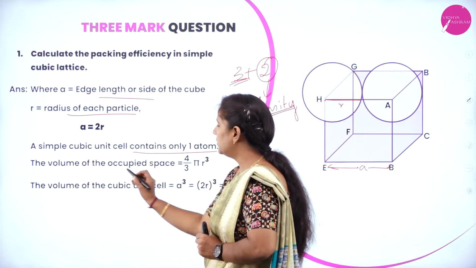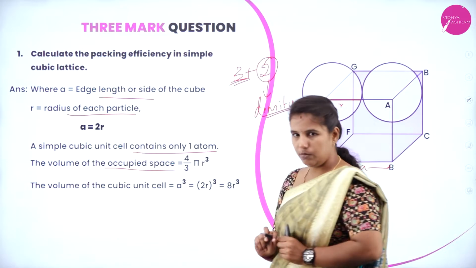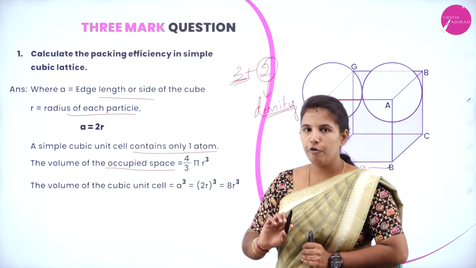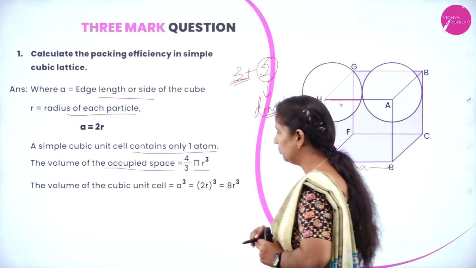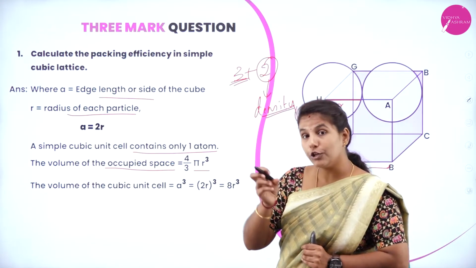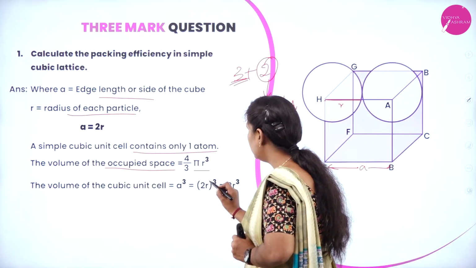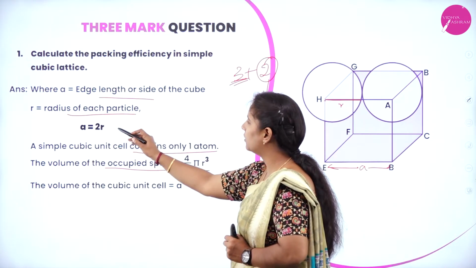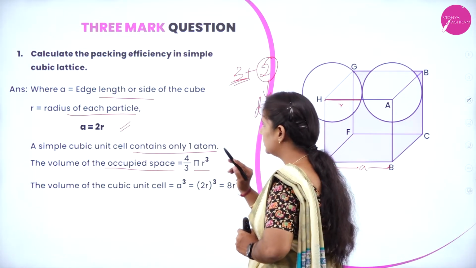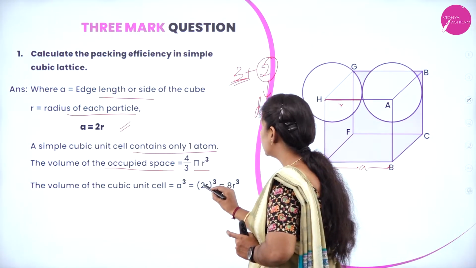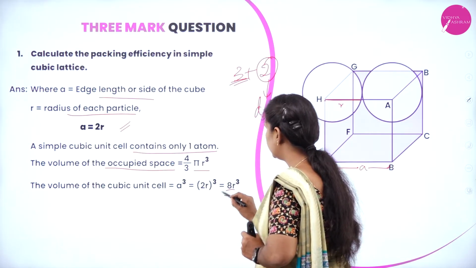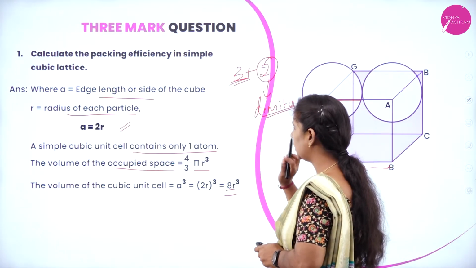The volume occupied by the sphere is given by the formula 4/3 pi r cube. What is the volume of the cubic unit cell? It is a cube. The edge length is 2r, so (2r) cube becomes 8r cube.